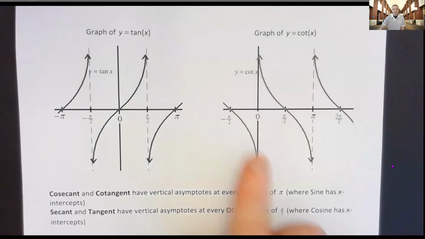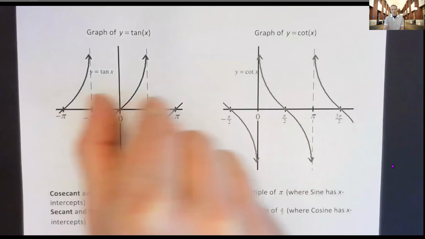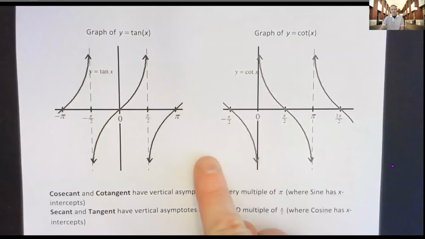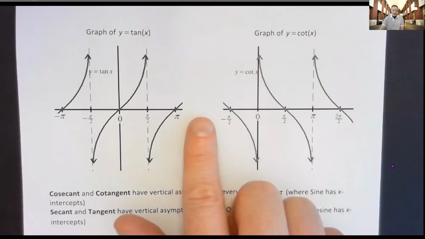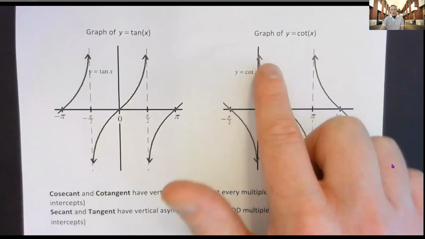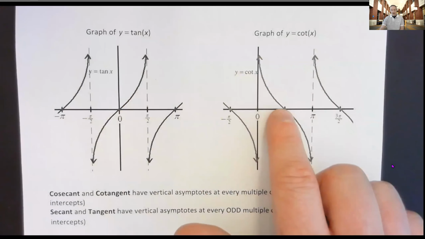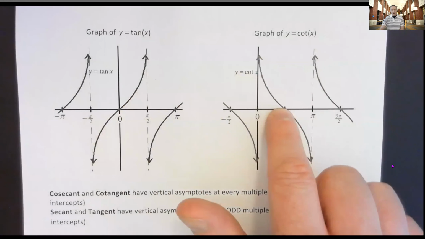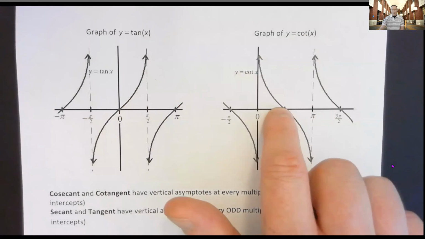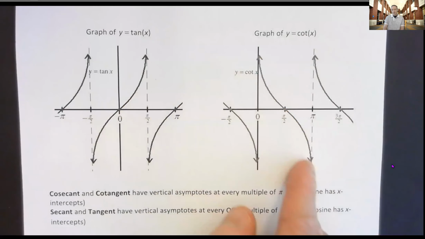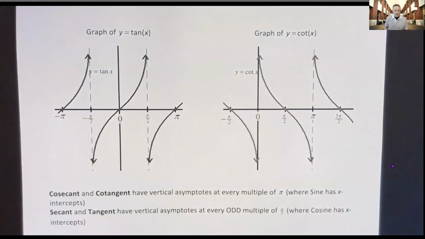That would be true. So all you have to do is shift it over pi over 2 radians and reverse the direction. It's going to have vertical asymptotes at 0, pi, 2 pi, negative pi, and it's going to start high, go through the x-axis right in between our two vertical asymptotes, and then go off towards negative infinity as it approaches the second one.